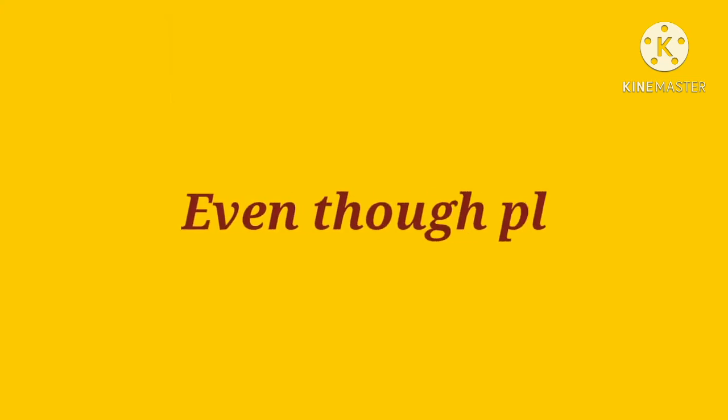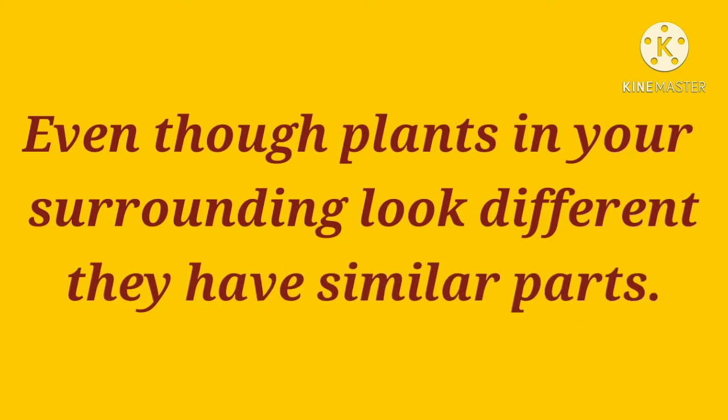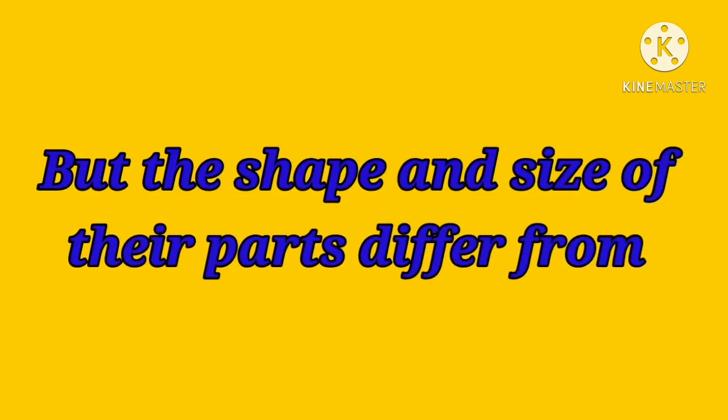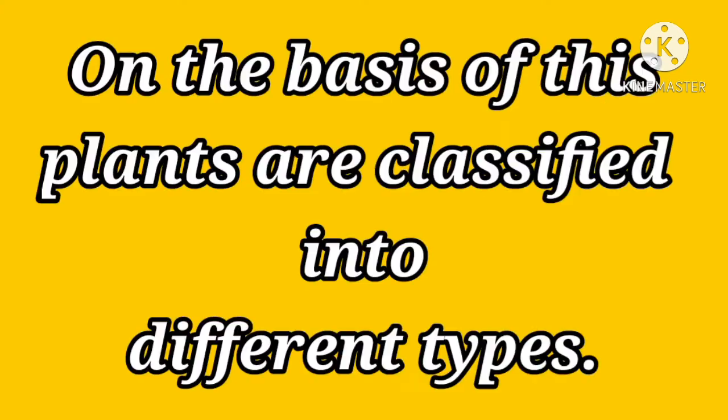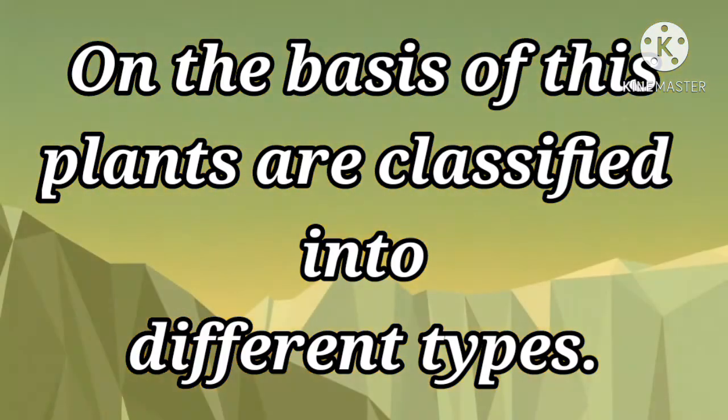Children, even though plants in our surrounding look different, they have similar parts, but the shape and size of their parts differ from each other. On the basis of this, plants are classified into different types.